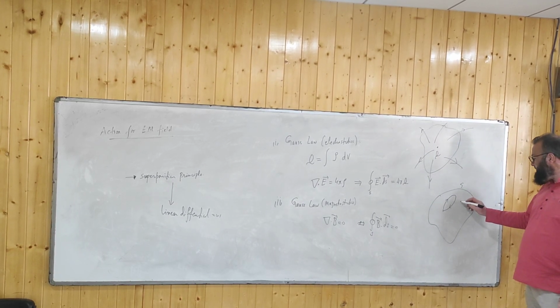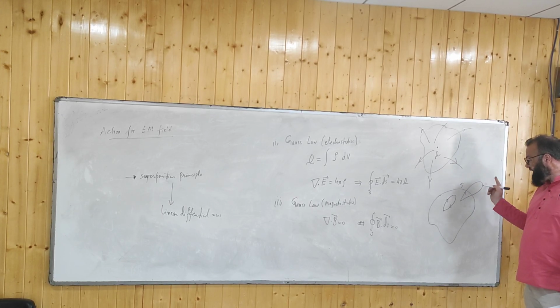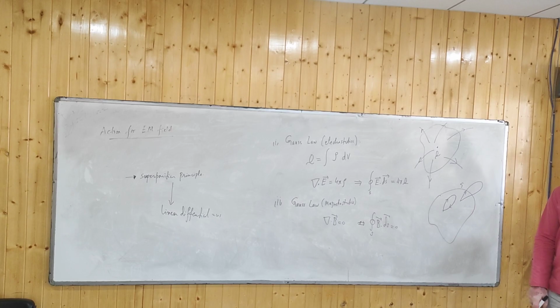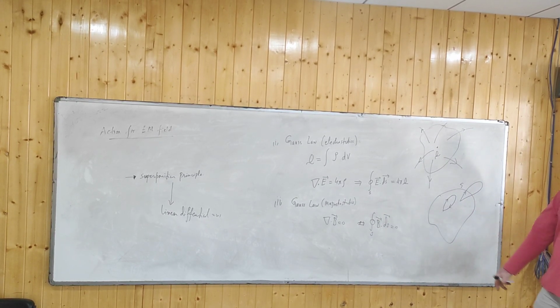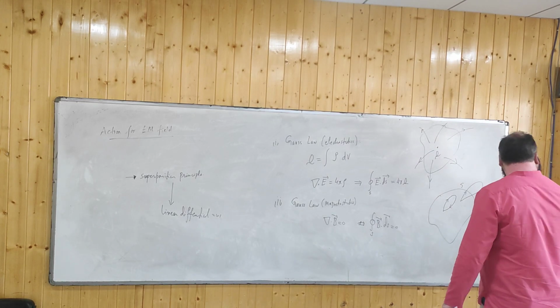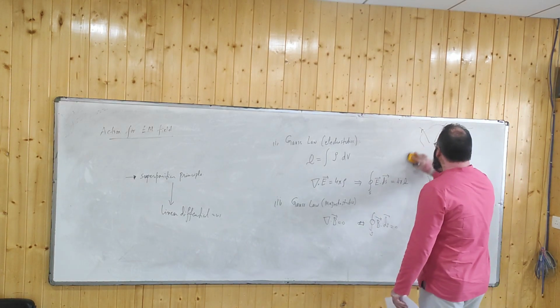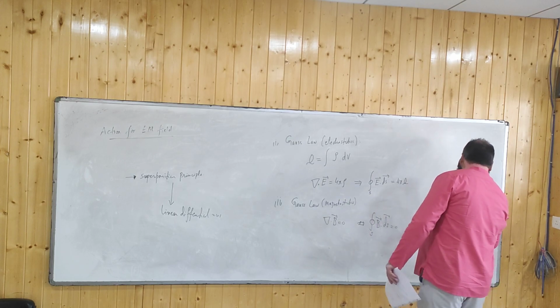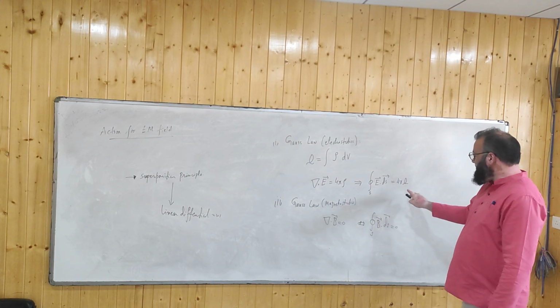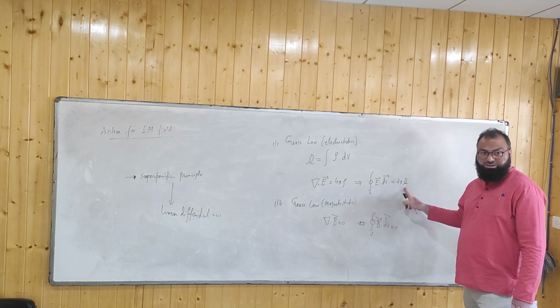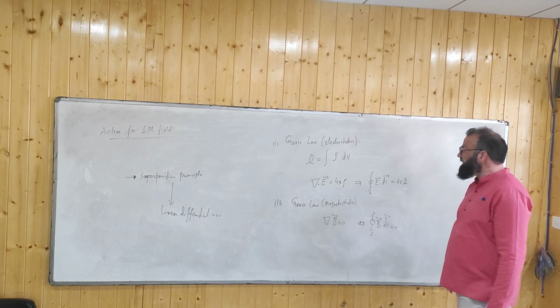Or you can think that the number of lines moving out is the same as the number coming in, so the flux is equal to 0. Clear? So you don't have a monopole here. An electric monopole is a single charge.